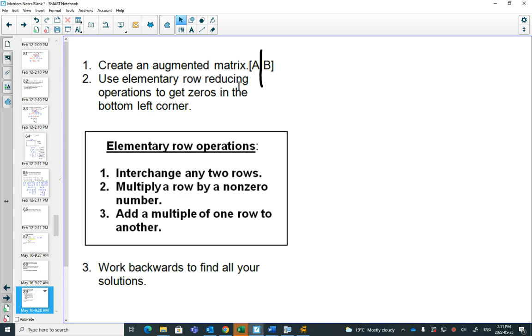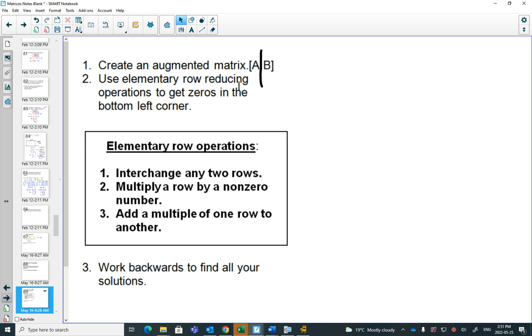You can multiply any row by a constant, as long as it's not 0. Multiplying by 0 will make it all zeros, and although it's nice to know that 0 is equal to 0, it doesn't help us. But the biggest thing that we're going to do is we can add a multiple of one row to another.